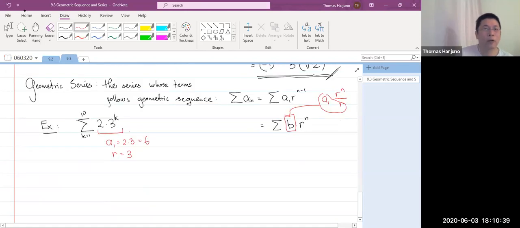Now, the formula for a geometric series. The sum of the first n terms, the n-th partial sum of a geometric series, is given by the first term times 1 minus r to the n over 1 minus r.